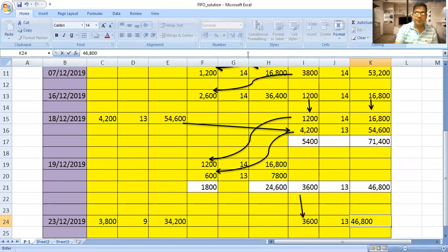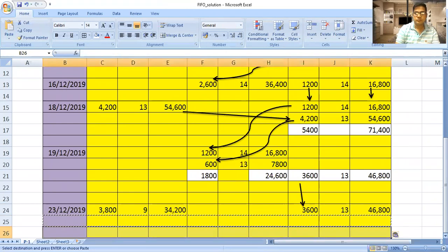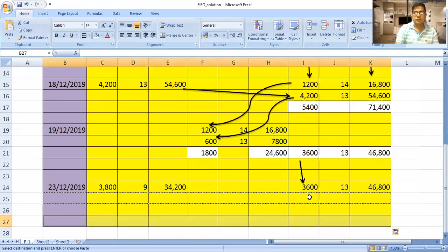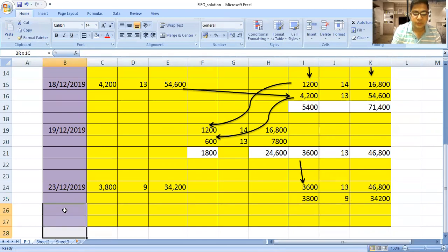Now we purchase new units: 3,800, their rate is 9 and value is 34,200.